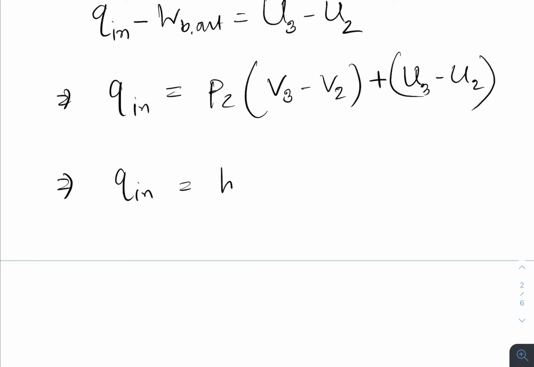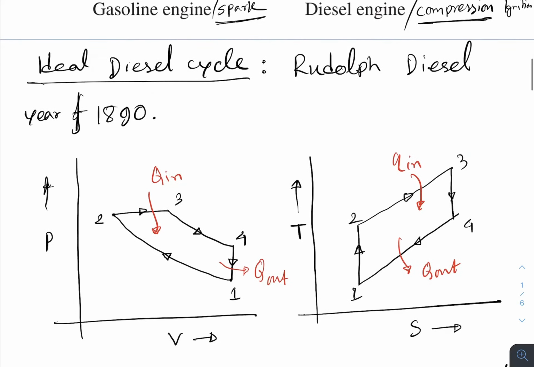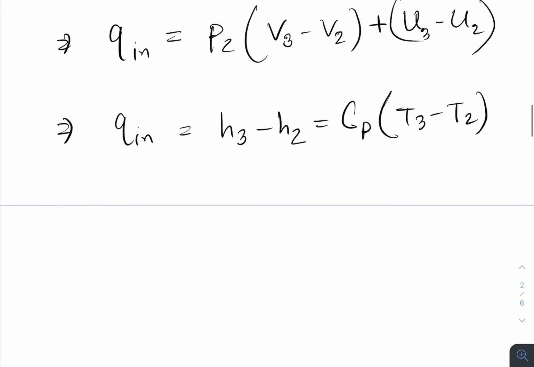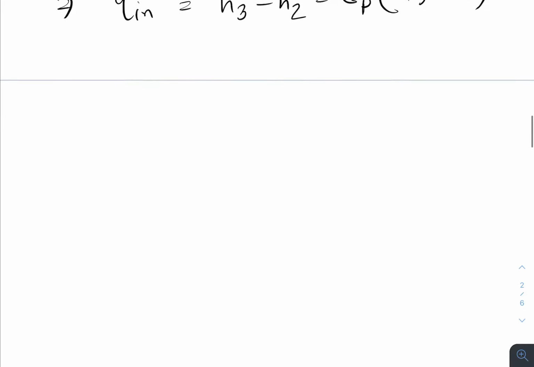So in terms of enthalpy we can write this as H3 minus H2, and since this process is happening at constant pressure, this line, right, constant pressure, so Cp times (T3 minus T2), right? So this is the Q in.